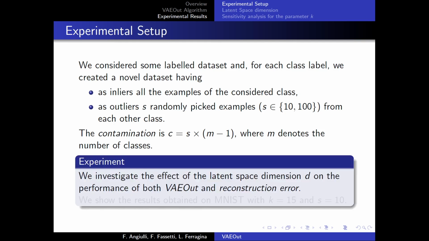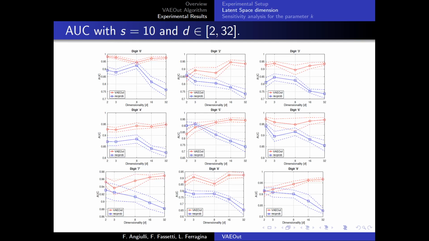In this experiment, we investigate the effect of increasing the latent space dimension d on the performances of both our algorithm and the reconstruction error. In the following, we show the results obtained with the MNIST dataset with k equal to 15 and s equal to 10. In this slide, each plot is relative to one of the datasets obtained as we have described before.